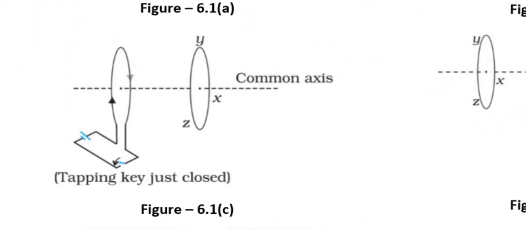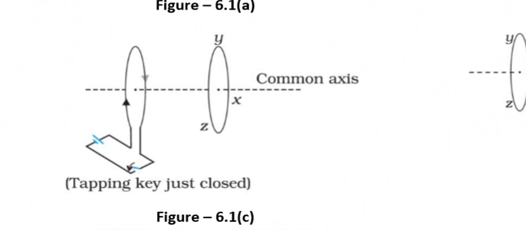Coming to the next one, C. We are closing this key. Look at the key here. When you close it, you are allowing current to pass in this manner. And then the induced magnetic field will have north pole on the left side, south pole on the right side. And for increasing current, this coil will feel as if south is approaching it.